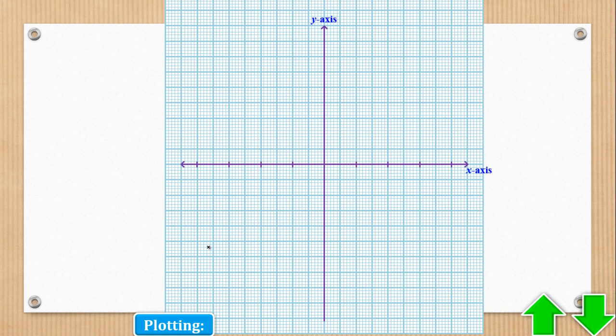For the positive values, we shall use that. For the negative values, we shall use that. Then vertically, positive we shall first demarcate. Then positive values, we shall use that, and negative values, we shall use that. Then we can start plotting.